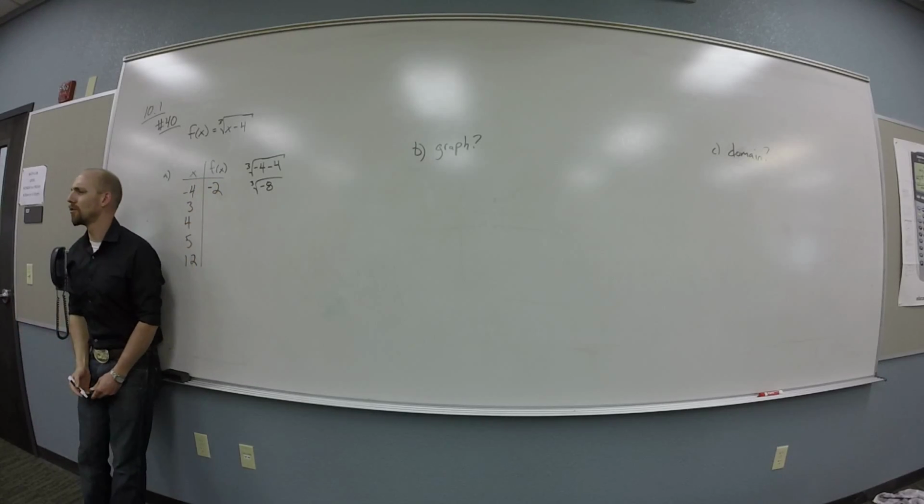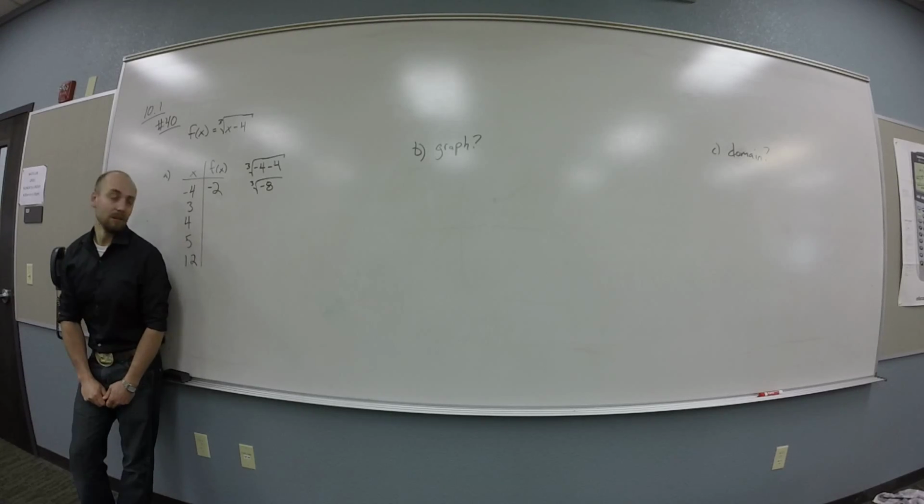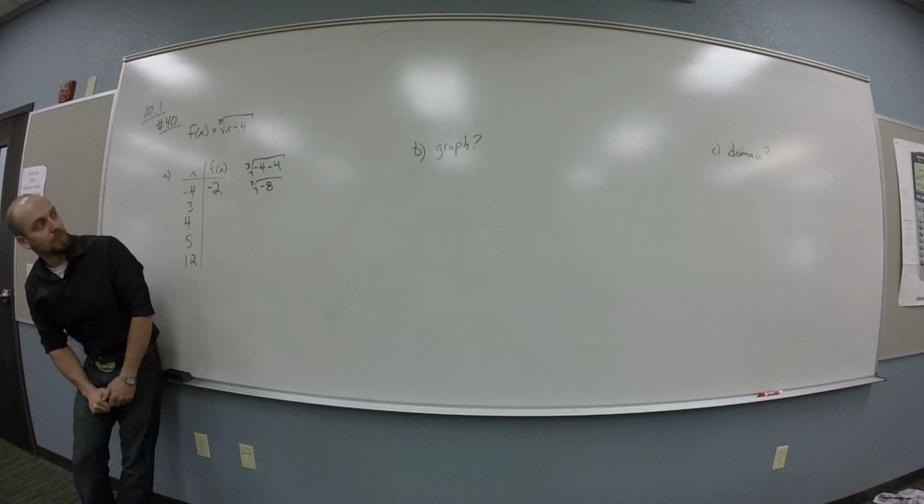Do I need to worry about the negatives here? No, because it's an odd root, right? So I'm not worried about signage. Signage only concerns me when I have even roots, right?